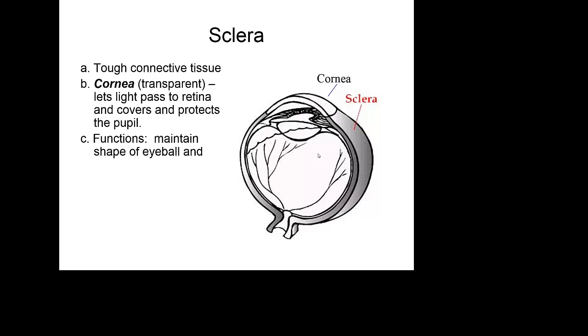The sclera, as we said, on the outside is connective tissue. The cornea is covering your iris and your pupil in the front of your eye. So right here, it's a transparent covering so that you can get light into your eye and protect your lens and your pupil in the meantime.